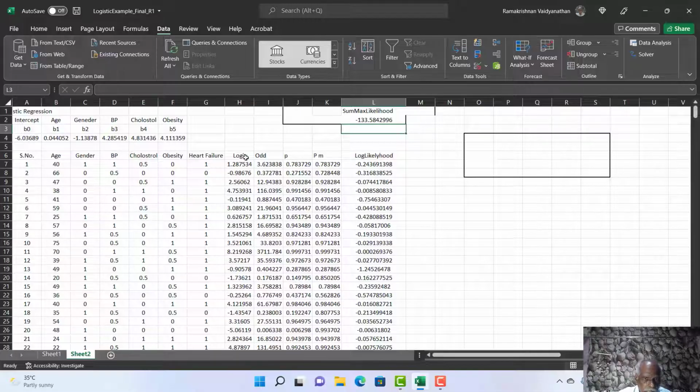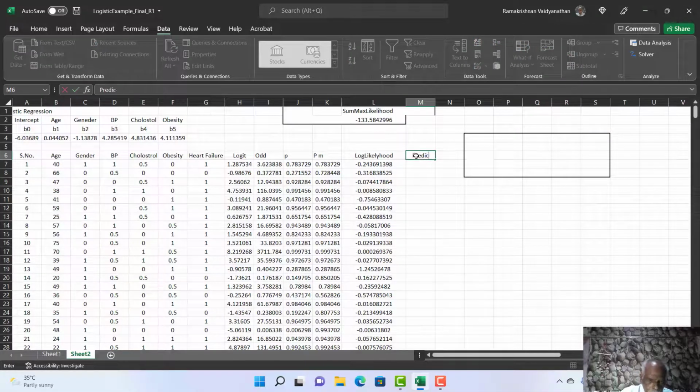So with these coefficients the p values are obtained here, right? Now I have to find out the prediction value. I will name this column prediction. Prediction is equal to 1 if this p value is greater than the cutoff value, otherwise 0. That is what we are going to predict here. So I will put a condition.